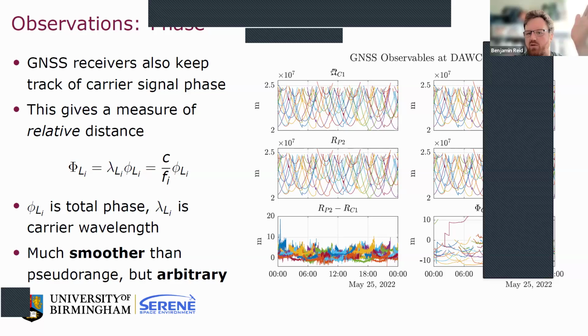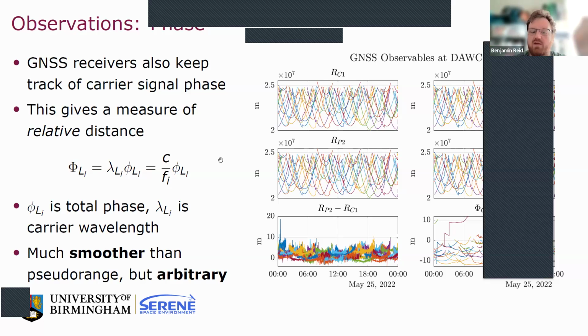And for different carriers, this is the first carrier frequency, L1, this is L2. On this side, these are the phase ones, L1 and L2 on the right-hand column. And you can see they look basically identical. Now, if you take a difference between them, you can see the codes are very noisy and the phases are very smooth, but have these sort of weird jumps in them. This will come up later.